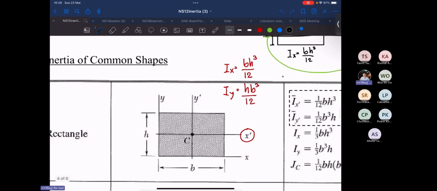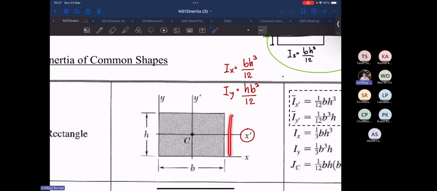If we look at the x axis, the moment of inertia about the x axis equals the base b multiplied by h cubed divided by 12. However, if you look at the y axis, you have to flip your look.